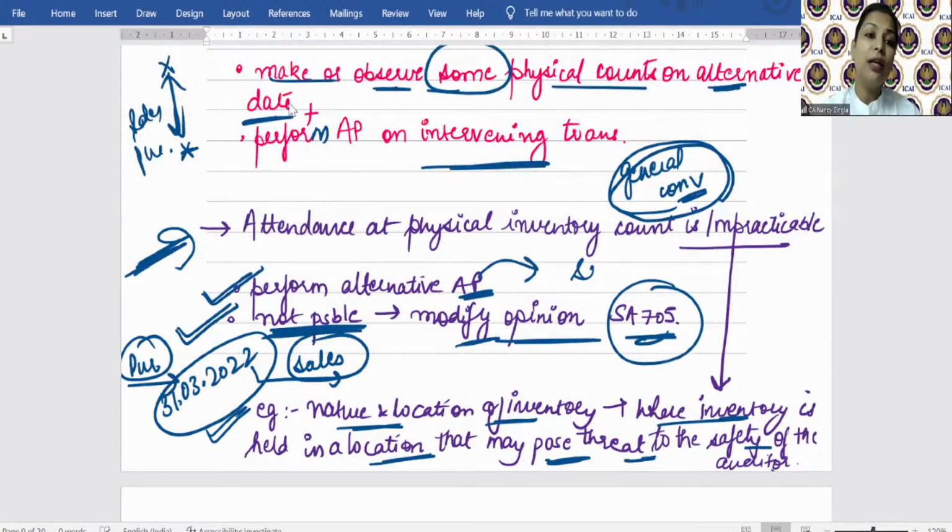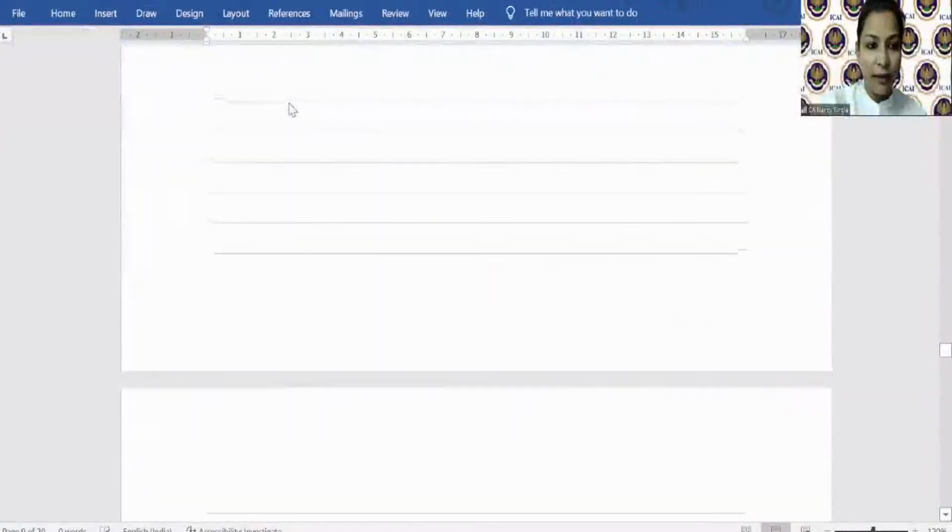So the auditor cannot take a plea that since I do not have the team, I cannot attend the physical inventory count. No. If it is actually impracticable, then as said first, alternate procedures have to be done. If nothing at all is possible, then modify the opinion. Okay? So this was about inventory.